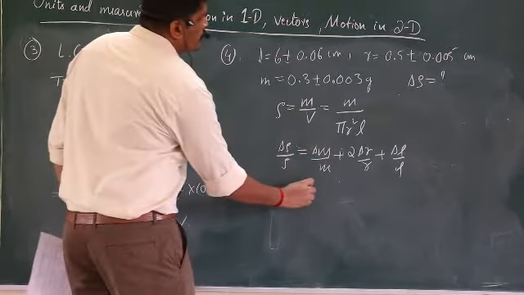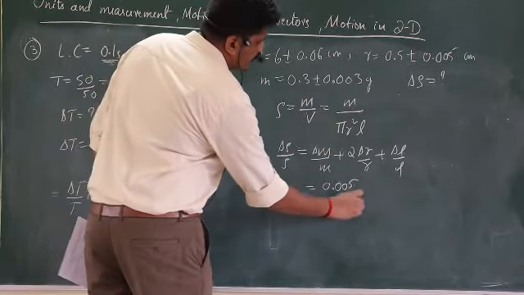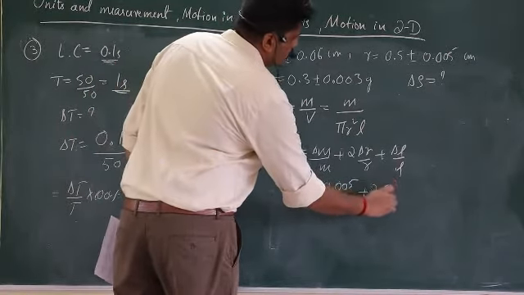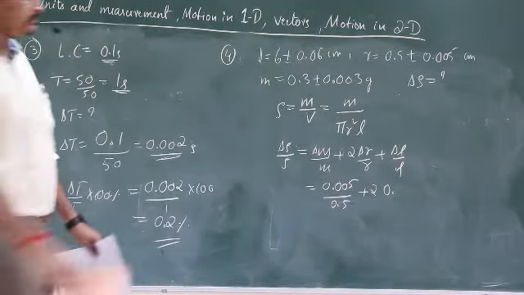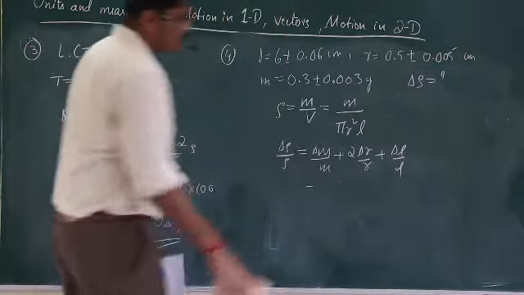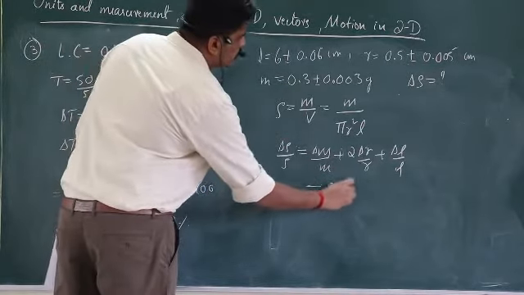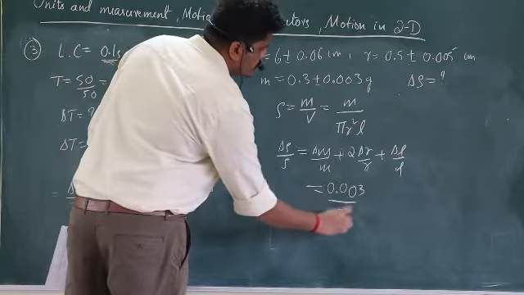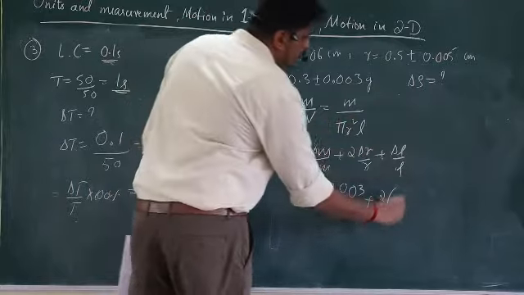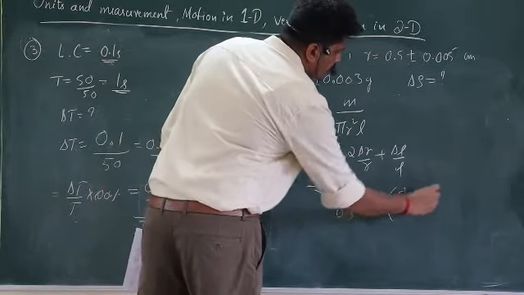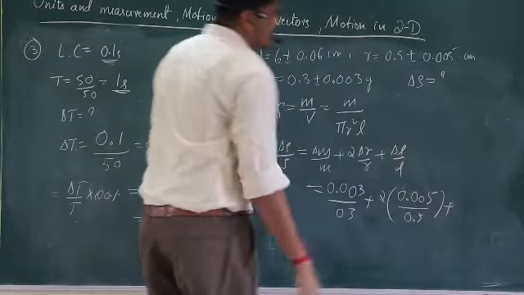M, how much is that? 0.003 divided by 0.3 plus 2 into what is R error? 0.005 divided by 0.5 plus what else remaining here?